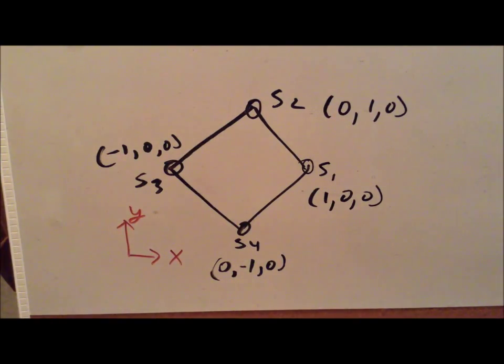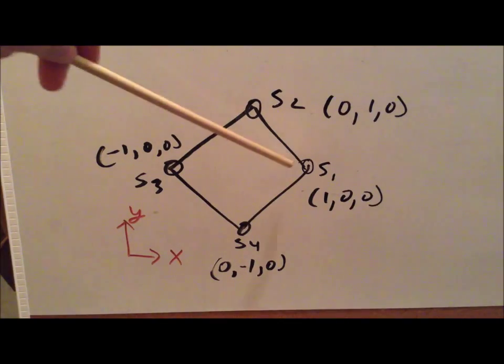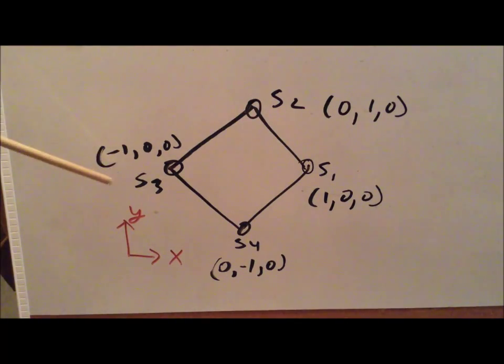Keep in mind that when we use the correspondence theorem, in general, we're going to put the central atom at the origin. So it would have coordinates 0, 0, 0. In general, we don't derive the orbitals on the central atom. What we do is we work out the symmetry adapted linear combinations of the group orbitals, so that would be S1, S2, S3, and S4 in this case.